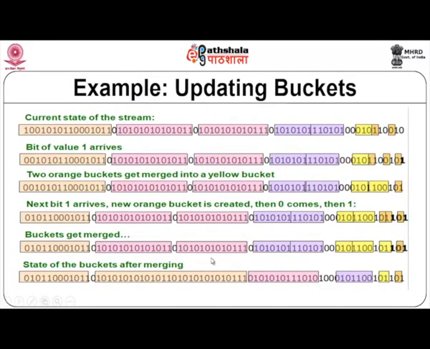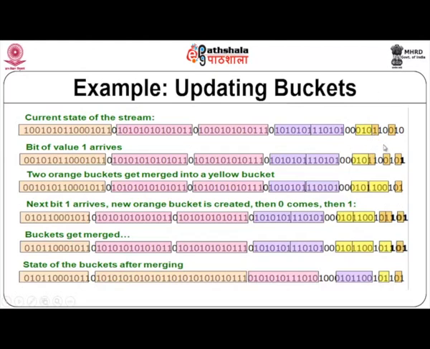Now, this diagram, this example, indicates how buckets are updated. Assume the first scene is the current state of the stream. Here, in the current state, this box indicates one bucket, the second box indicates the second one, and the third box, the yellow box, indicates 2 ones.